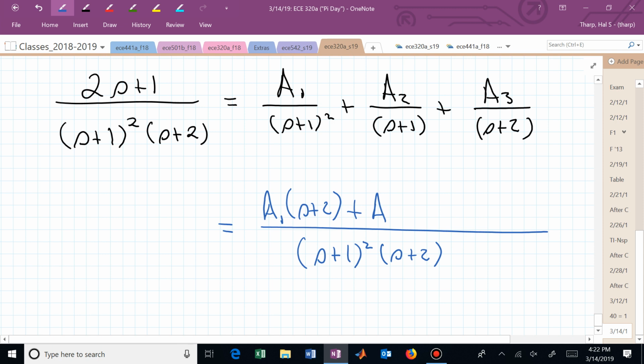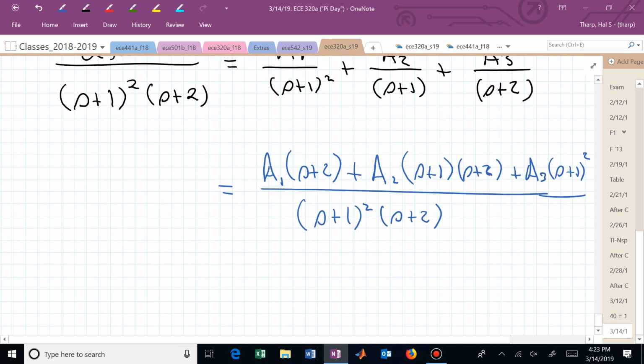What do we multiply A sub 2 by? It now has to include S plus 1 and S plus 2. What about A sub 3? We comfortable with that? Now we've put everything back together, and this is now the relationship between A1, A2, and A3.